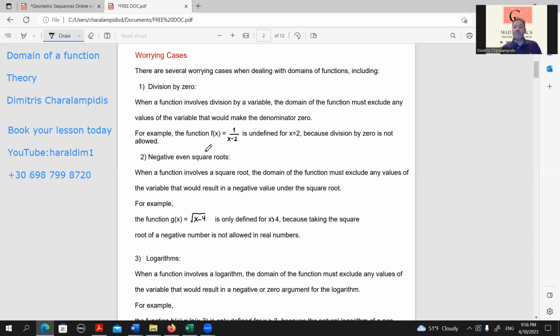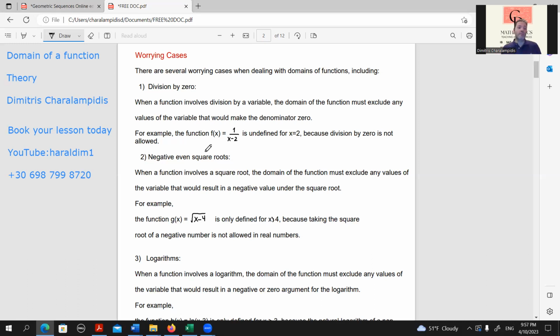Secondly, negative even square roots. Hear my words, even square roots. When a function involves an even square root, the domain of the function must exclude any values of the variable that would make the expression under the square root negative.